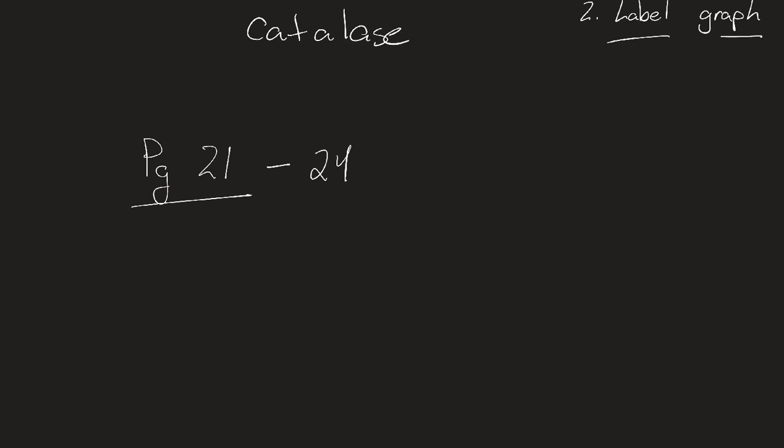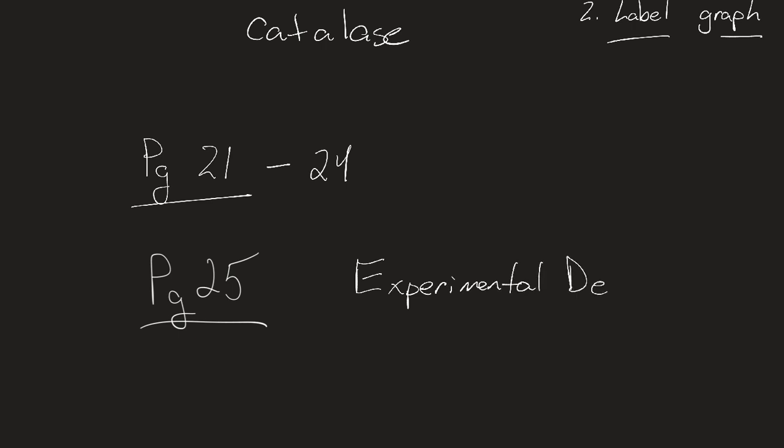On page 25 is your experimental design. What you're gonna do in the experimental design is read after you've done all your reading, after you've looked at pages 21 through 24.